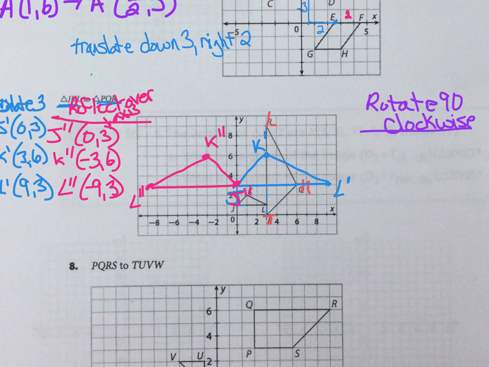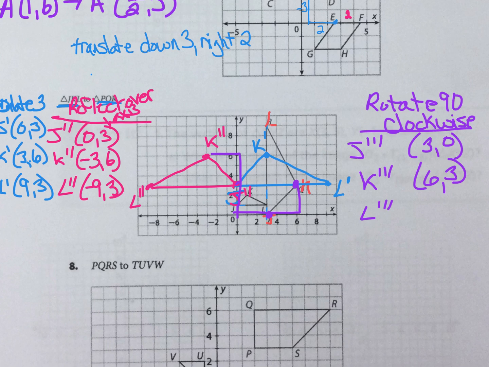All right, so if I rotate this, I get J triple prime, K triple prime, and L triple prime. So J will go here at 3, 0. K is out 6 over 2, so out 6, or 3 over 3. So here's my K triple prime, which is 6, 3. And L triple prime will be 3, 9. There we go.